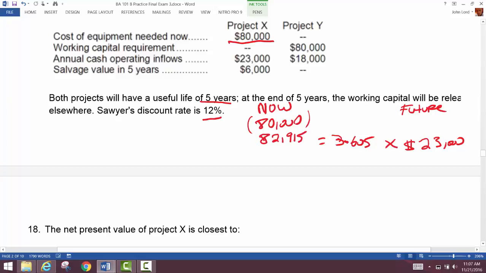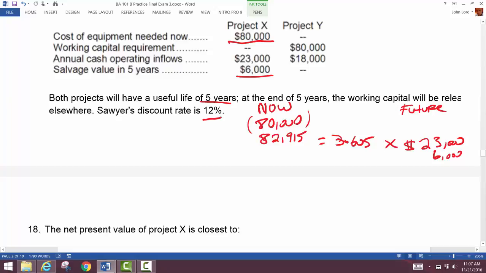Okay. And then I'm going to get my salvage value on this project X, right? At the end of the project. Is that going to come back to me at the end of this? I'm going to sell this thing for $6,000 at the end, right?